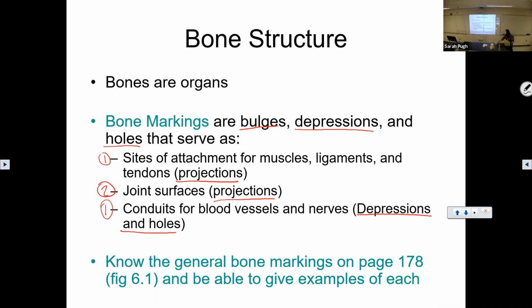You might also see something called a tubercle. Tubercle is a big projection. It's very general, not specific. But you know that if you see something with the name tubercle in it, you're looking for a big projection. Okay? So the table is kind of helpful before that lab on Wednesday.